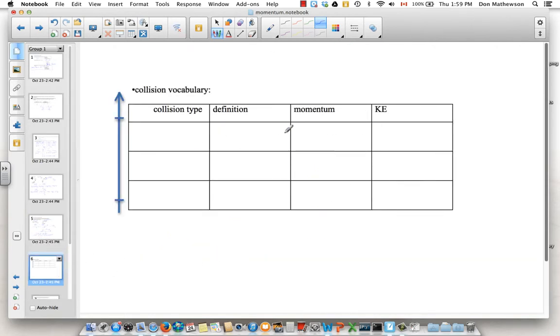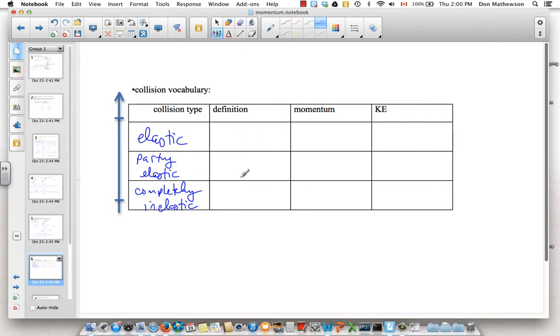Now, a little important collision vocabulary. We have 3 types of collisions. We have completely inelastic collisions, elastic collisions, and then partly elastic, or just inelastic.